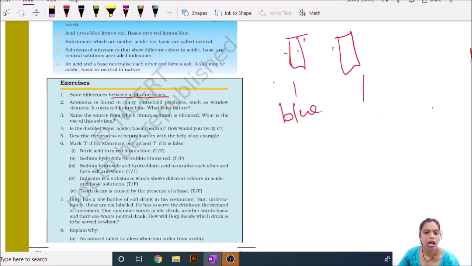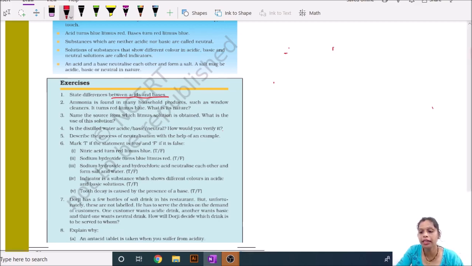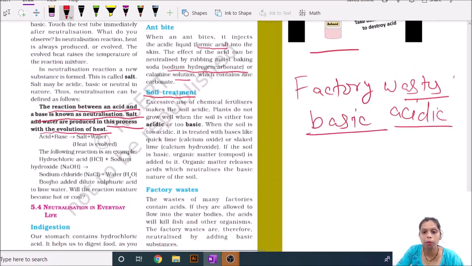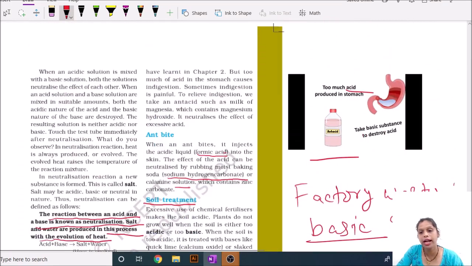Okay. The next question of this chapter is, describe the process of neutralization with the help of an example. I have already discussed the process of neutralization with you.